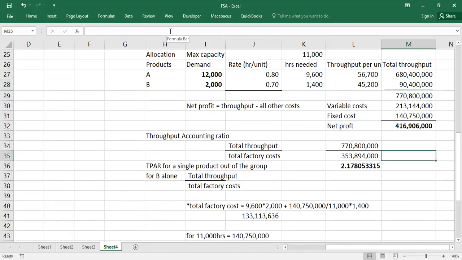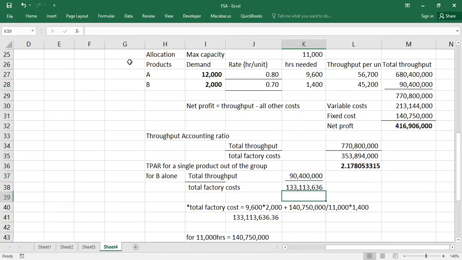So you divide the two, and the answer will be that divided by this. You get 0.6. Now you need to know how to comment on it.